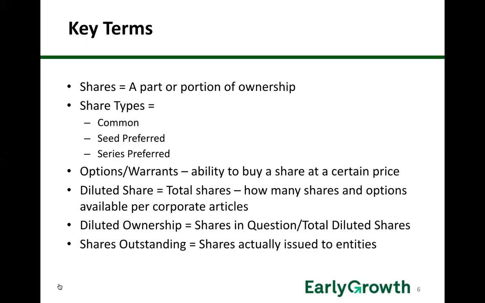Now there's another type of instrument that comes into play here, and you see it listed, and those are options or warrants. These are rights to buy or acquire shares at certain price points. Stock options are probably the form you're most familiar with.